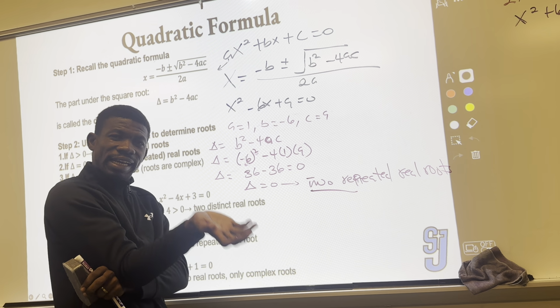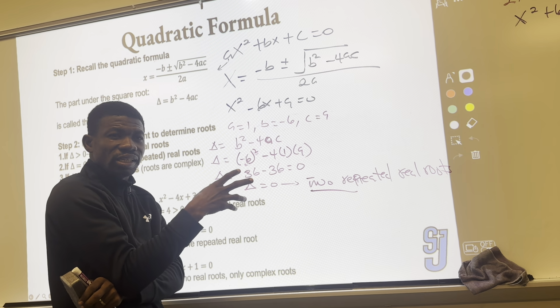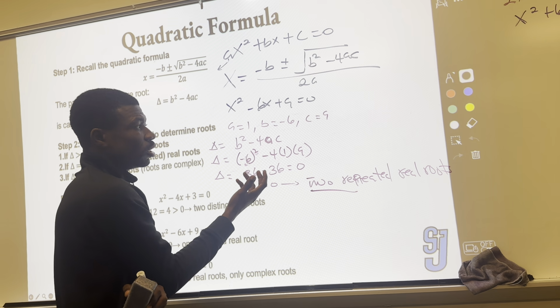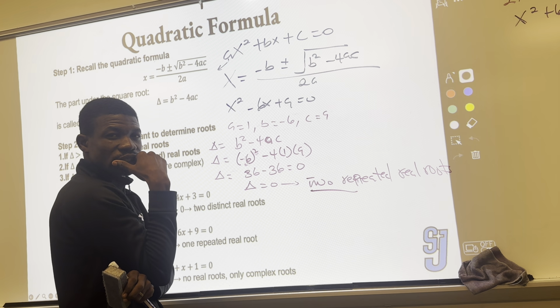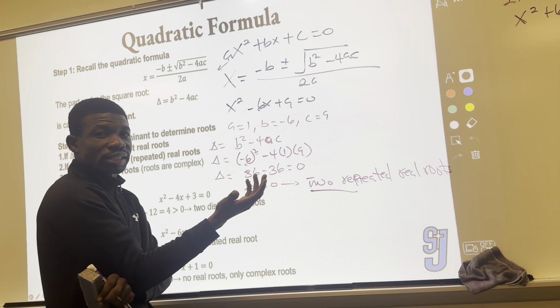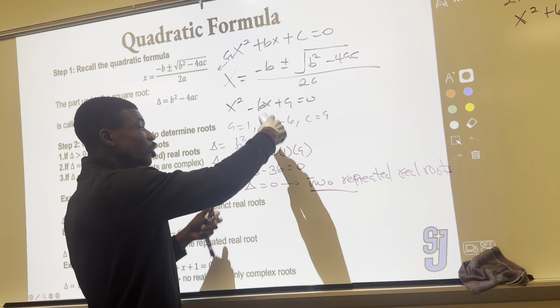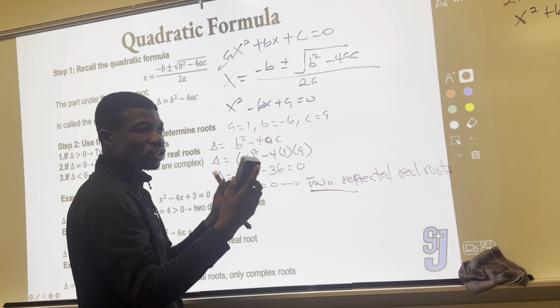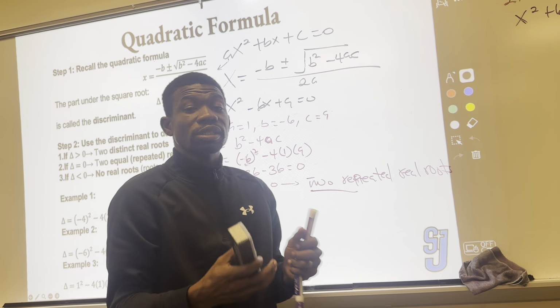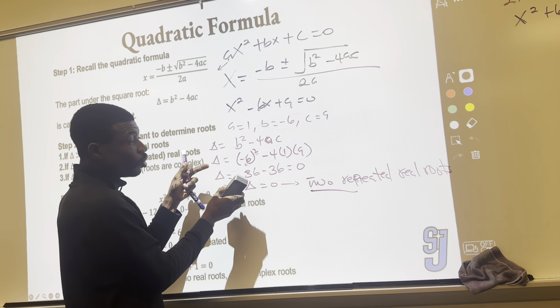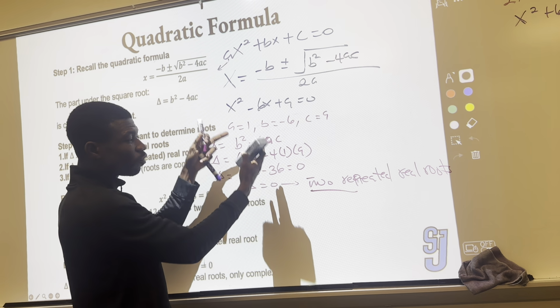Then another question, C, would say solve the quadratic equation. So it depends on how it is. You don't have to go through all this when you are solving quadratic equations.